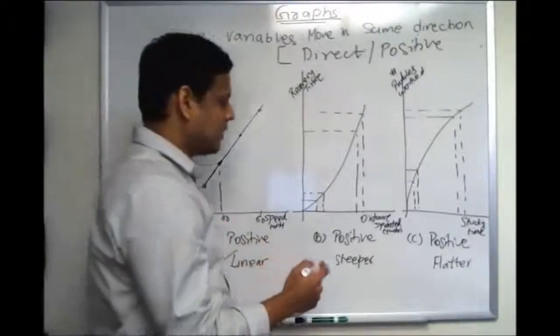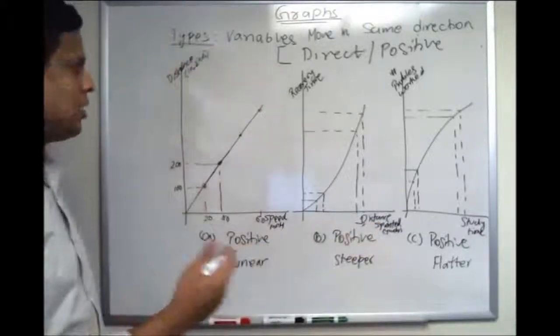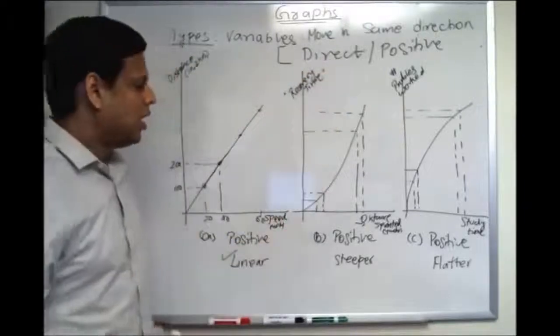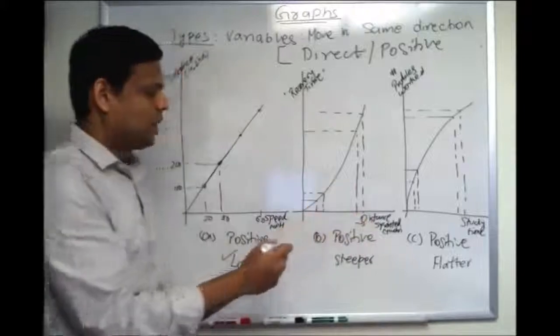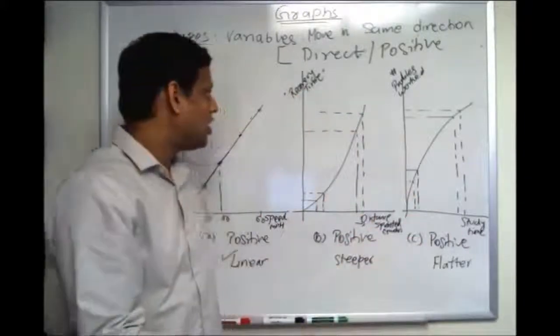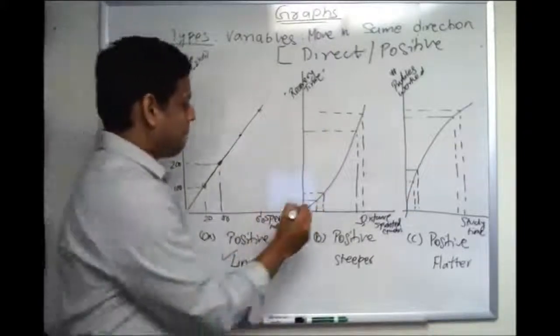The second case, say on the horizontal axis, we consider distance sprinted in yards and how much time you take to recover. And there will be a positive relationship between the two, because the more yards you run, the longer it's going to take you to recover, right?